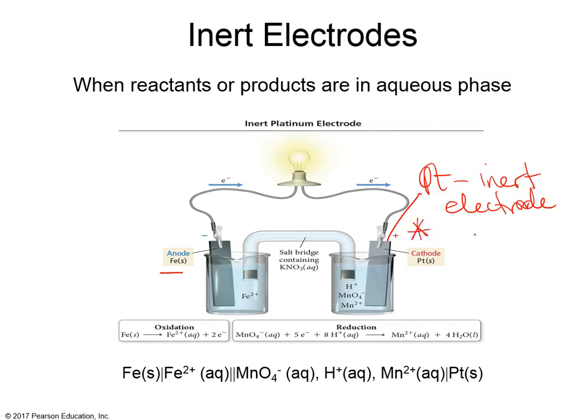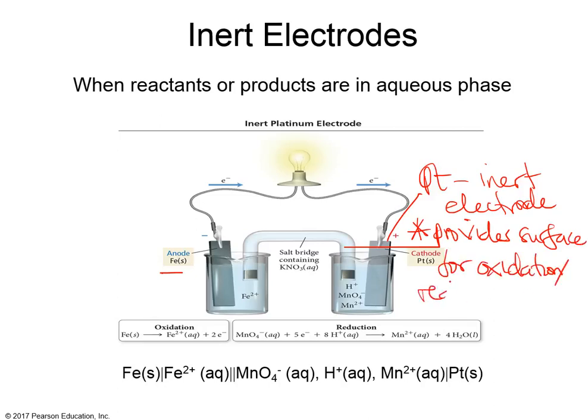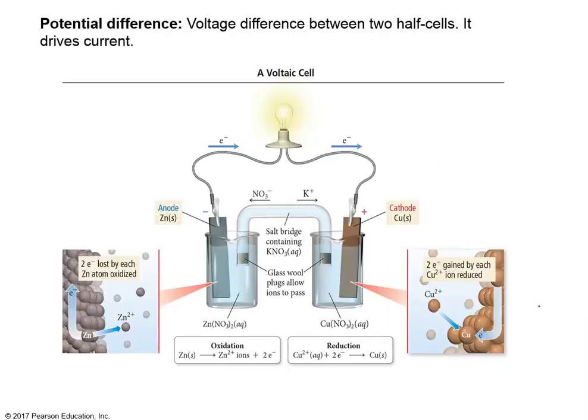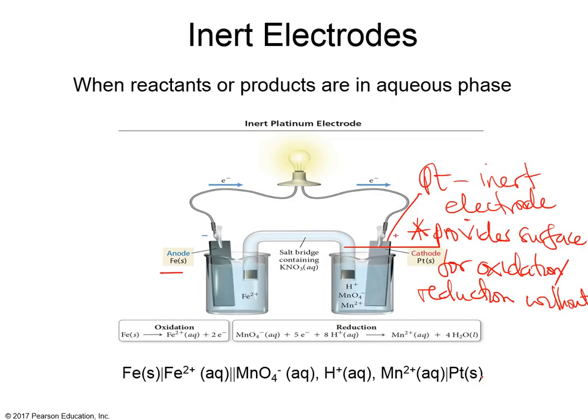So the inert electrode provides surface for oxidation or reduction without itself being involved.